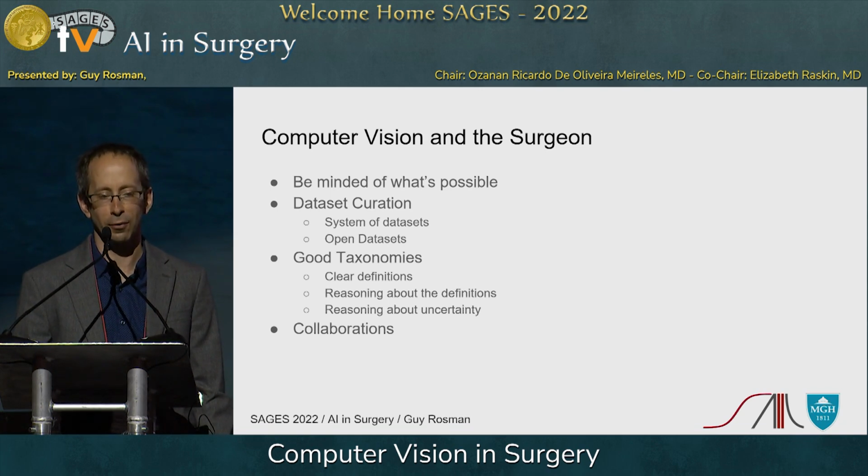And finally, you want to reason about which taxonomies are of interest and think about what the right level of uncertainty is in these taxonomies. And of course, there are many computer vision scientists who are looking for new problems to solve, and they'll be happy to engage and collaborate.